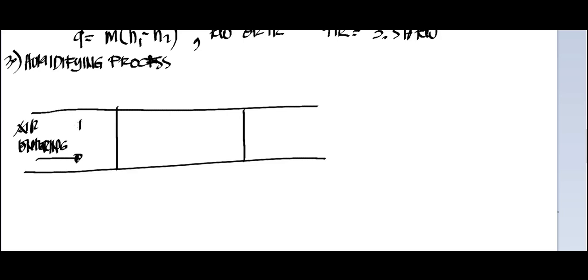So this will be point 1. Now we have to spray a mist of water here. So in such, this is in particles, in a way that the mist will be absorbed by the air.